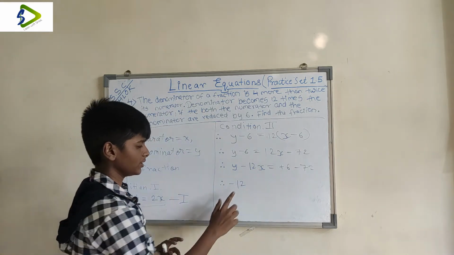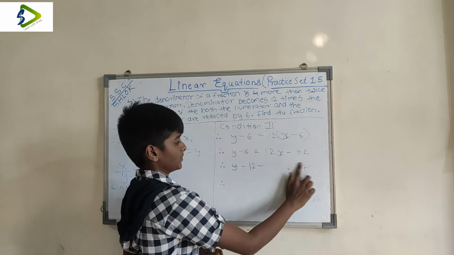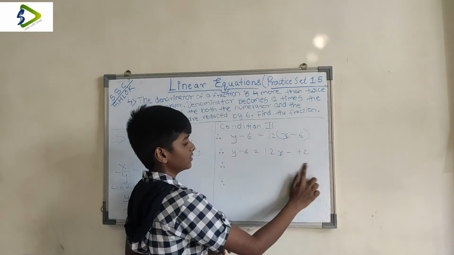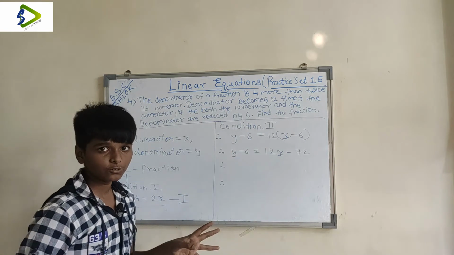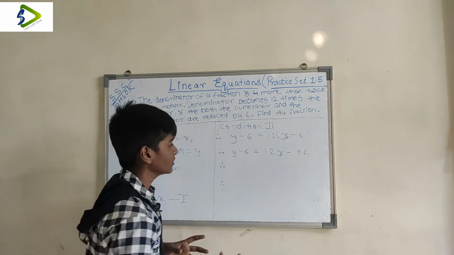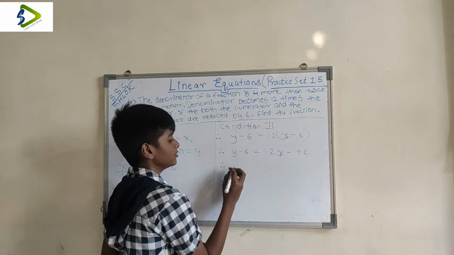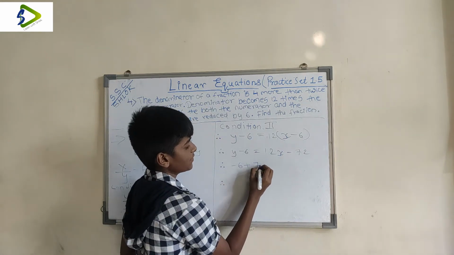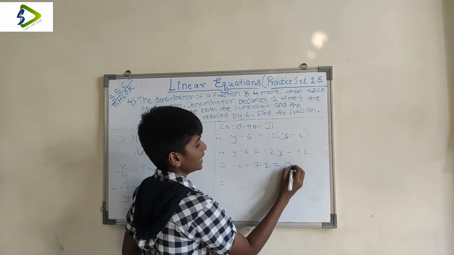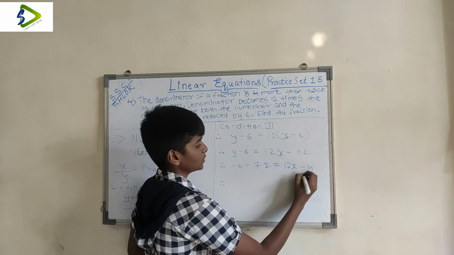Okay, I made a mistake over here. Let's take this y to that side and not take 12x to this side, otherwise it might become wrong. So let's take 72 to this side. Minus 6 plus 72 is equal to 12x minus y.